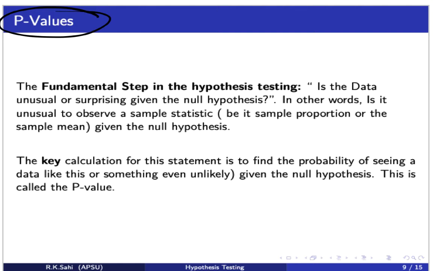But if you take a sample and some weird data comes up, you have that feeling: what is this unusual thing popping up? Something is not right. And that's the key thing for us, finding the probability of seeing something unlikely to happen given that null hypothesis is called the p-value.